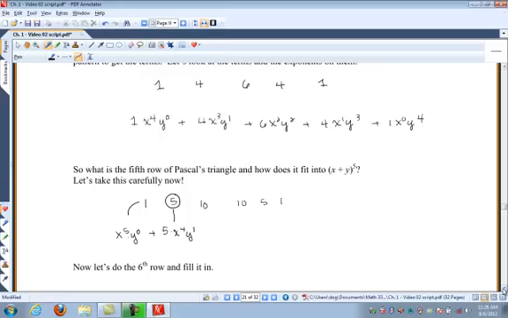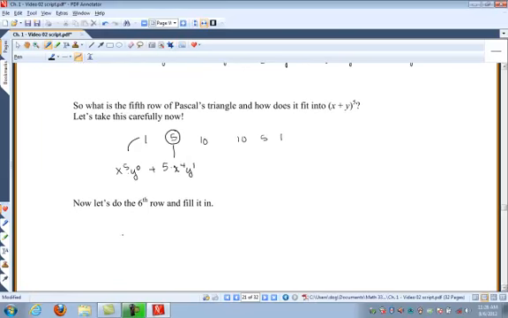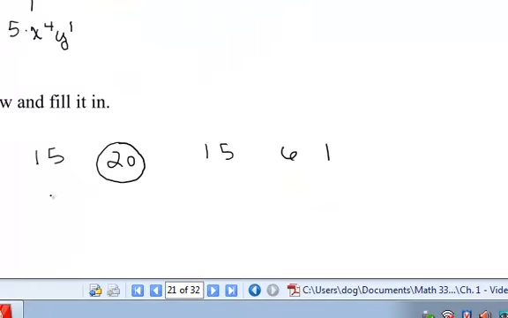So we'll do the 6th row and then pick out a few more. So this will be 1, 6, 15. Add these two is 20, 15, 6, and 1. Let's look at this one. Y to the 0, y to the 1, y squared, y cubed.